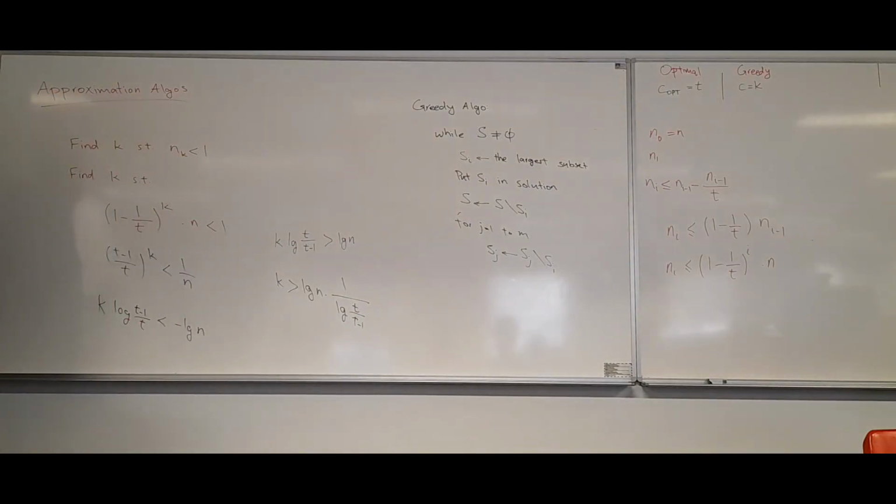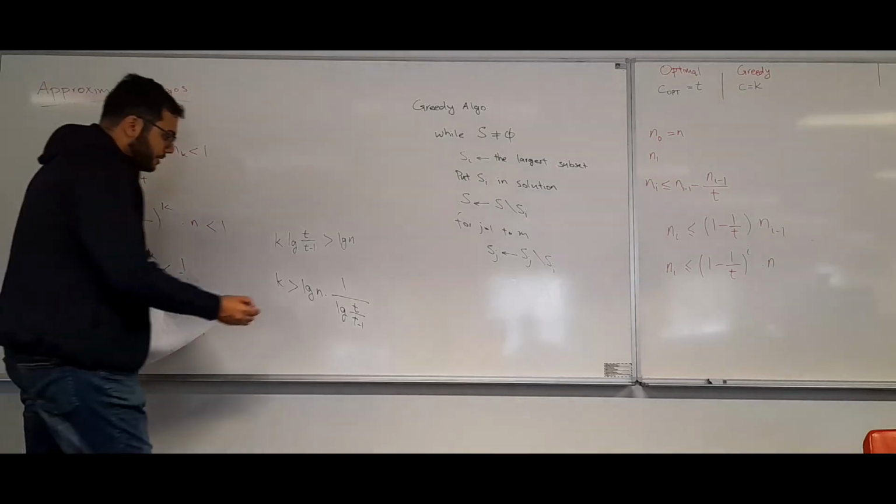Okay, so if I choose a k that satisfies this inequality, then I can be sure that my algorithm terminates with a solution of size at most k. Now, I don't want every k that satisfies this, I just need one k that satisfies this inequality. Now this is the part where you use Wolfram Alpha.